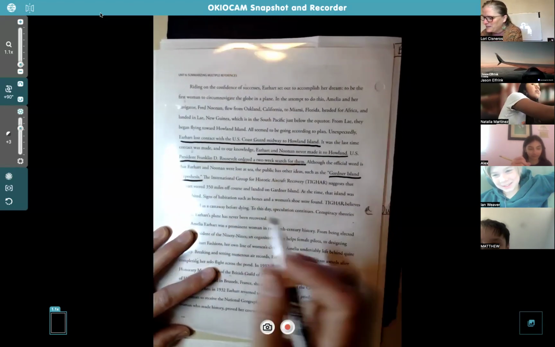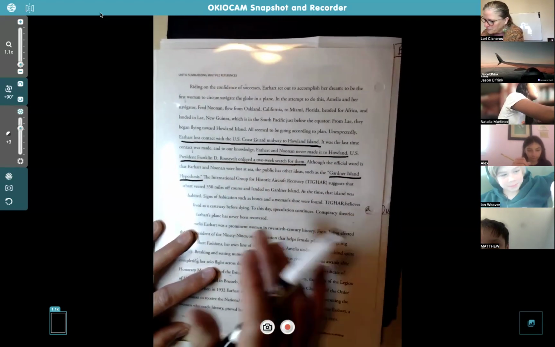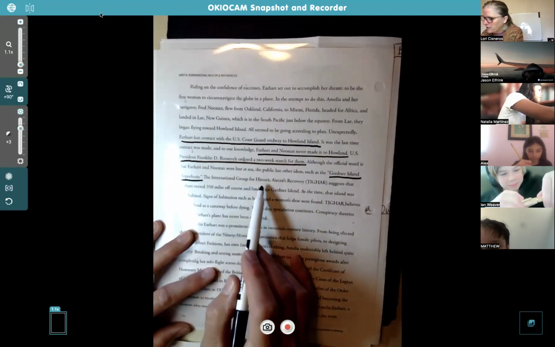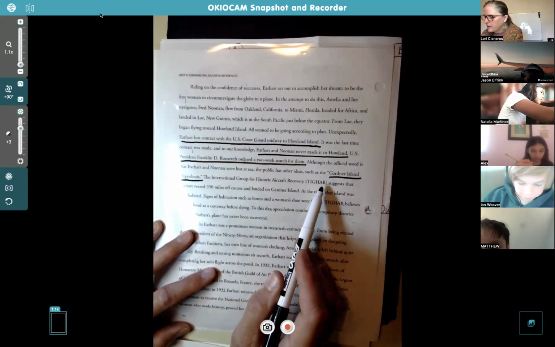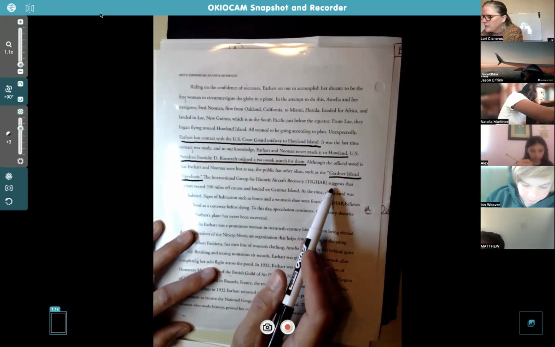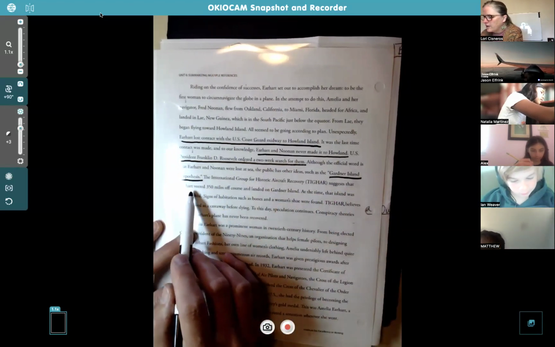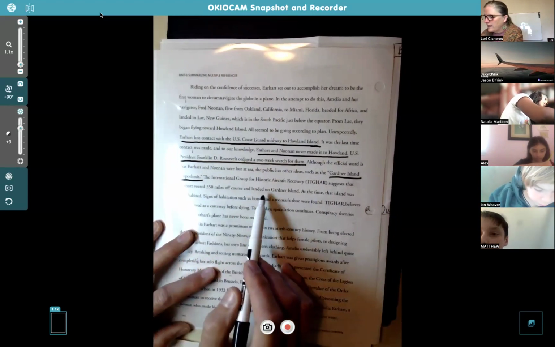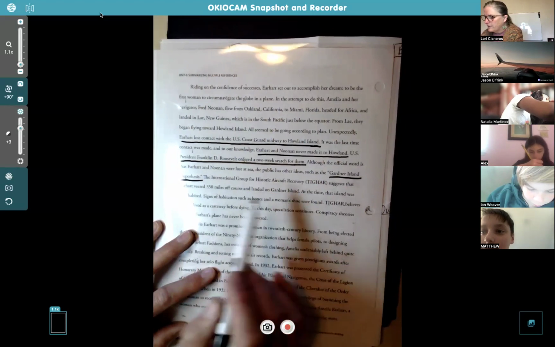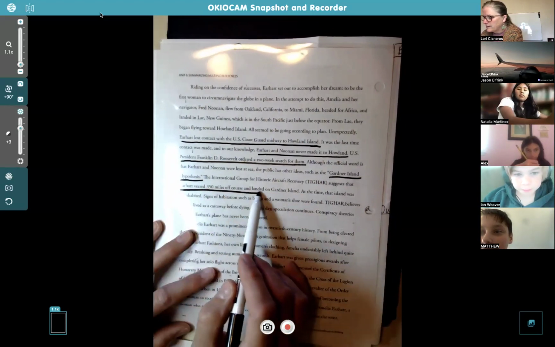Okay. So I'm going to keep going here. The International Group for Historic Aircraft Recovery, TIGHAR, I think is how you pronounce the initials there, suggests that Earhart veered 350 miles off course and landed on Gardner Island. So I'm going to underline that.